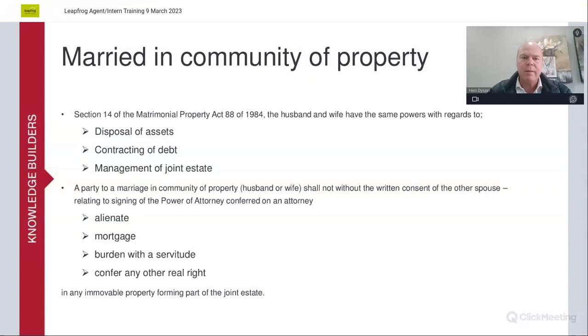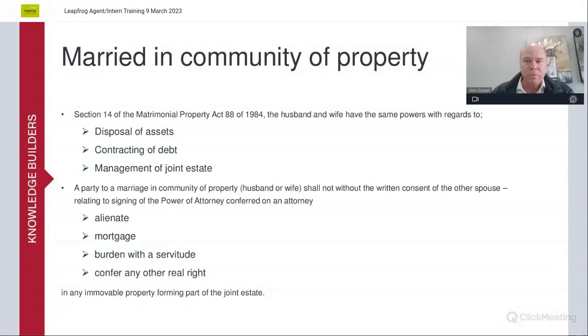Doesn't matter. By law, by the Matrimonial Property Act, if you are married in community of property now, you've got one estate. And because you are selling, you are alienating, you are disposing of an immovable property, the legislation says that you can't do that without the consent of your spouse.